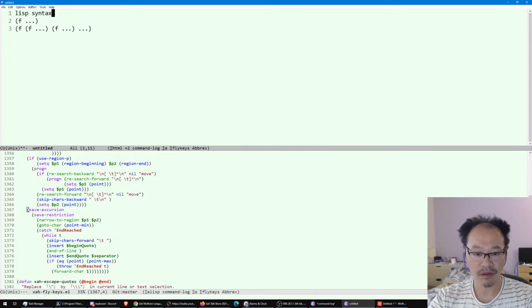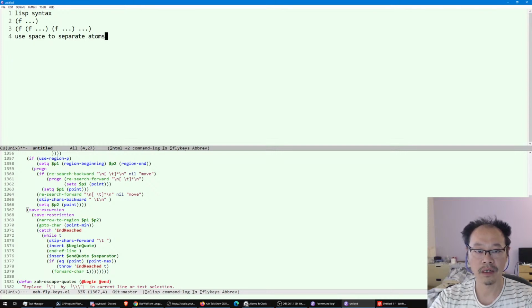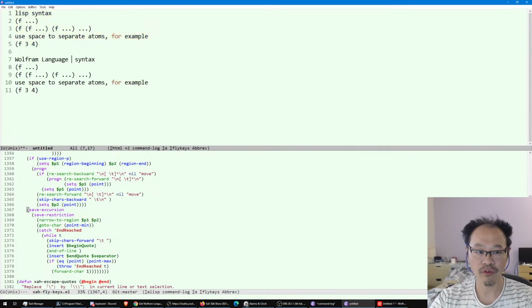Now let me tell you, there's an isomorphism between Lisp syntax and Mathematica syntax. By the way, Lisp syntax uses space to separate atoms. For example, you can have f 3 4. There's a space in between, which means they are separate. So that's Lisp syntax. Now, what about Mathematica syntax? Let me type it. Wolfram Language syntax is almost exactly the same.